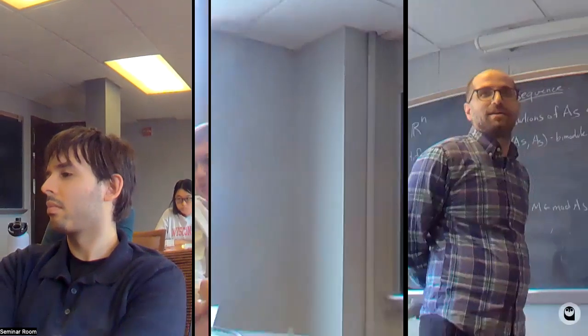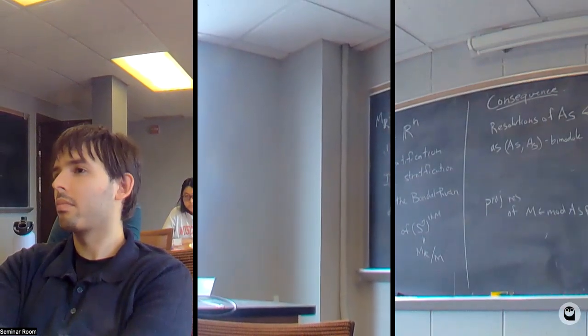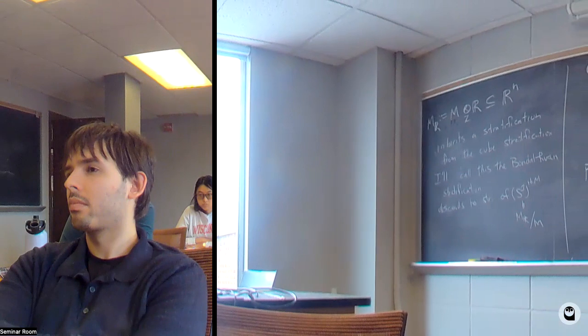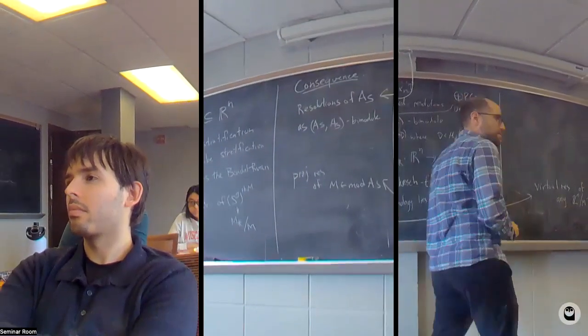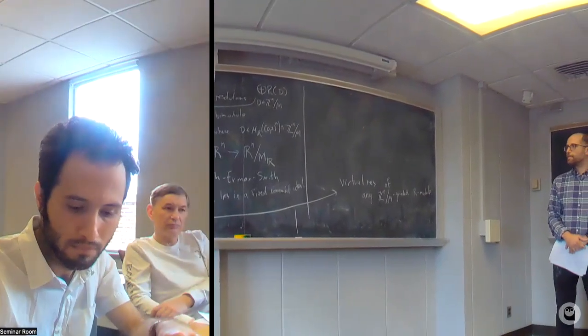It depends. A virtual resolution should say the homology lies in a fixed monomial ideal. It's toric in the sense that it's the locus that you remove to make your stack when you quotient. It's monomial, but it's read from the fan. Yeah, it's the irrelevant locus. Yeah, exactly.